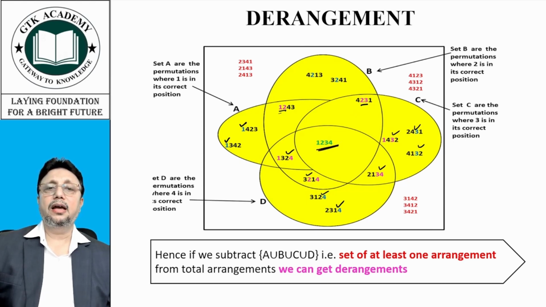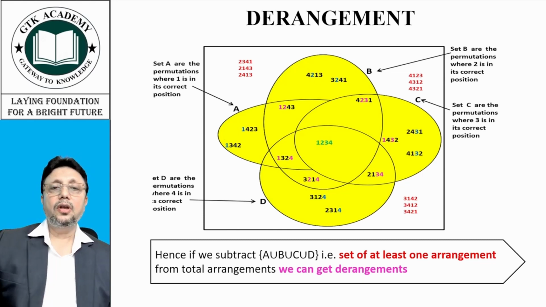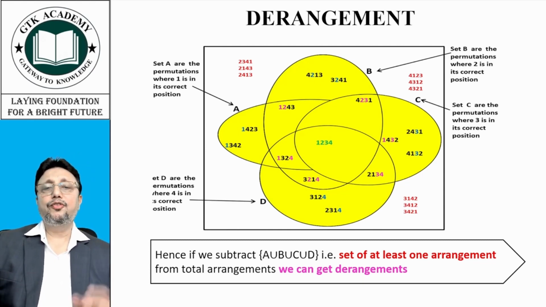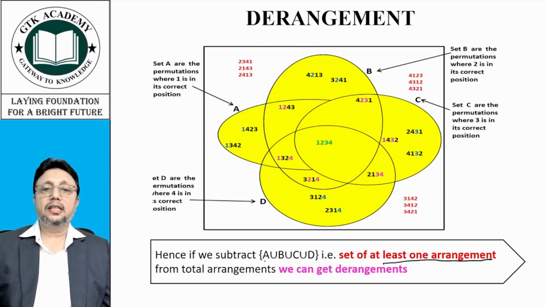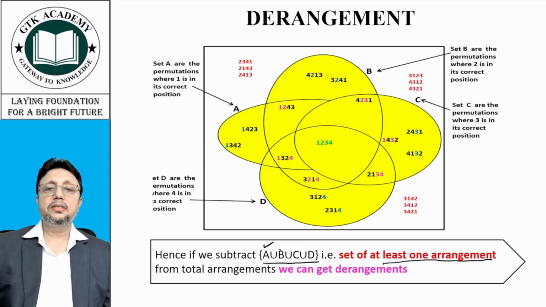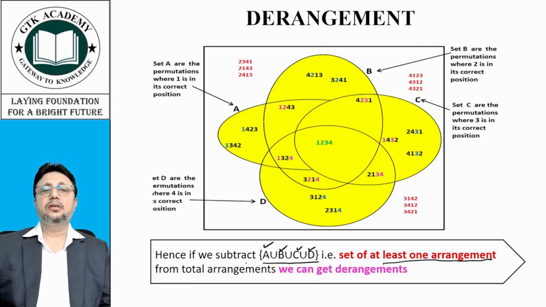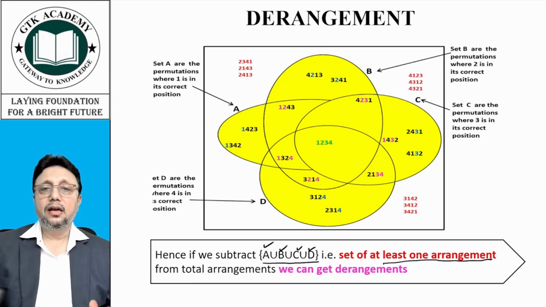Because if 3 are at its correct place, the fourth one will always be at its correct place. That means, now we got a clue here. If from the total permutations, we subtract the set of at least one arrangement, which is nothing but A union B union C union D, where A, B, C means one number is at its correct place, the union of all these sets, then we'll get the derangement.